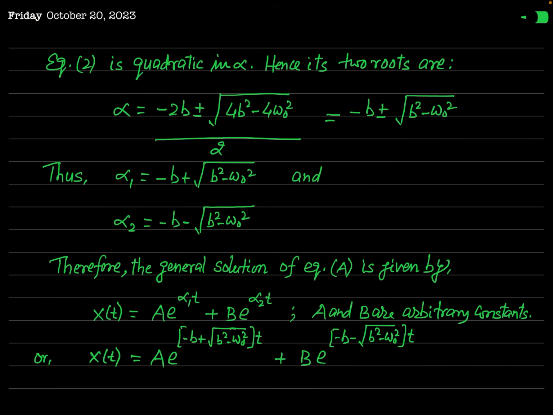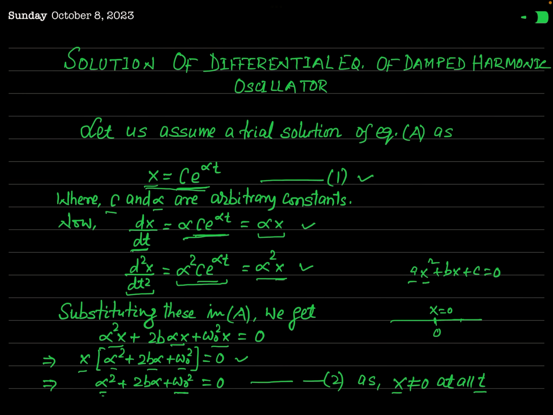And according to the standard formula of the roots of a quadratic equation, you can write what these roots will be. Alpha will be equal to minus 2b plus minus root over 2b square, it means 4b square, minus 4ac.